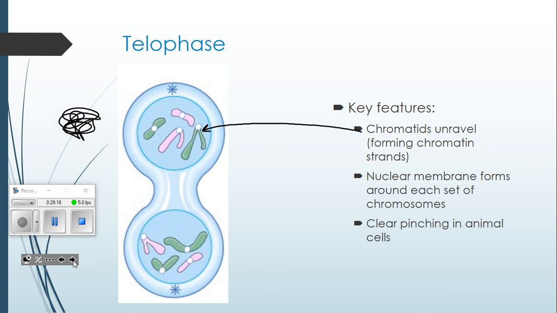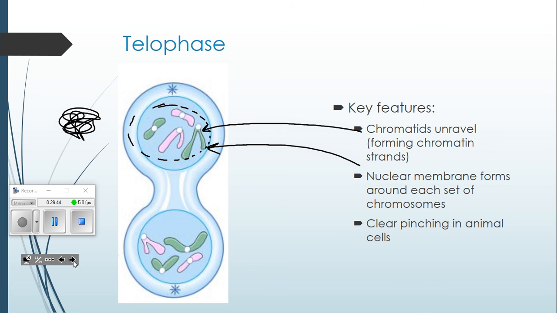Now the next thing that happens is the nuclear membrane reforms. Now this picture shows it already fully complete, but keep in mind this is what's happening as this phase progresses. So you might also see it as a dotted line instead of a full complete nuclear membrane.